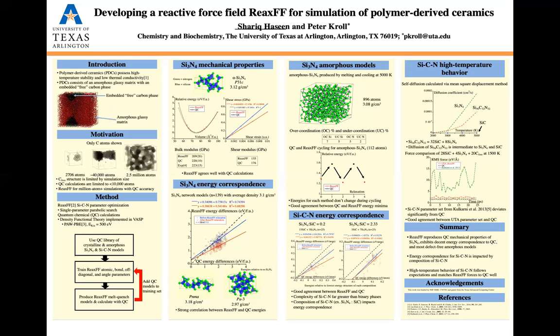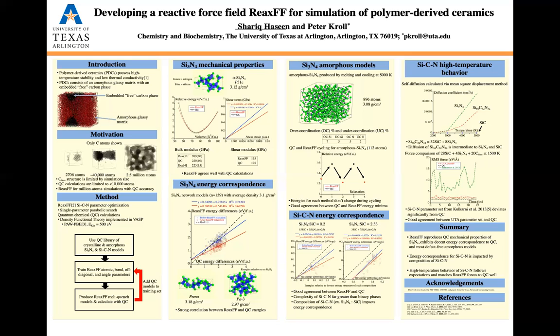Additionally, our parameters, which I'll refer to as UTA ReaxFF here, produce forces very close to quantum chemical calculations in simulations of silicon, carbon and nitrogen with free carbon at 1500 Kelvin. Existing parameter sets like those from Kulkarni produce forces that substantially deviate from quantum chemical calculations.